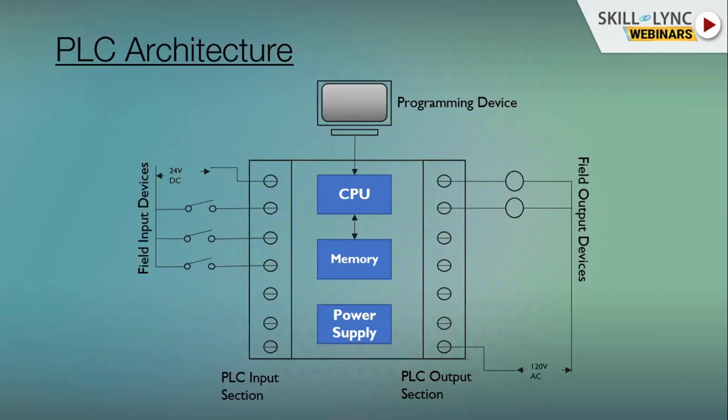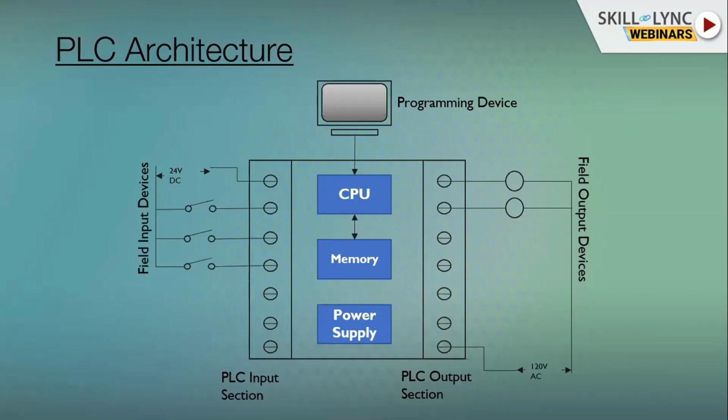Let's consider one sensor which is sending 24 volt DC. Those signals will be converted to 5 volt DC through one isolation, because electronics inside the PLC input section can't withstand higher voltage. There is one physical isolation in the input section that helps to isolate the higher voltage of field devices from the lower voltage of electronics used in the PLC.